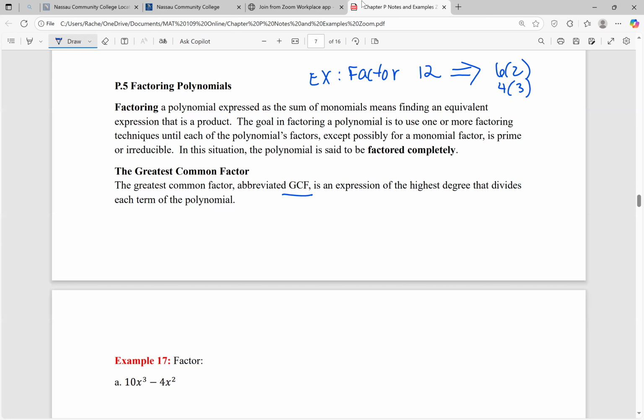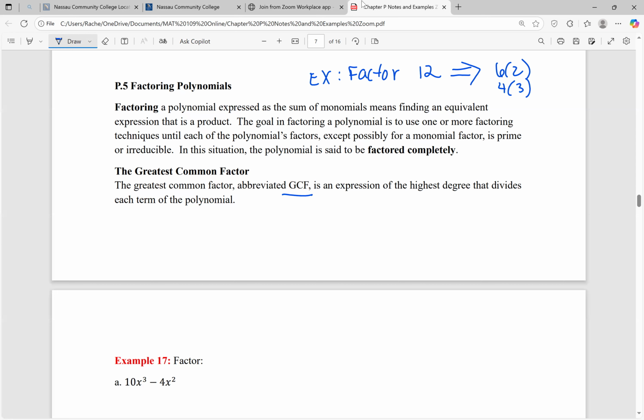The way we get the other factor after we factor out the GCF is we take each term of the polynomial and we divide it by the GCF. So we take 2x and divide it by the GCF of 2, and 2x divided by 2 is x. Then we take positive 4 and divide it by the GCF of 2, and we get positive 2. So I'm going to have x plus 2.